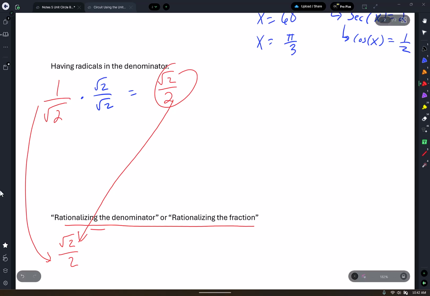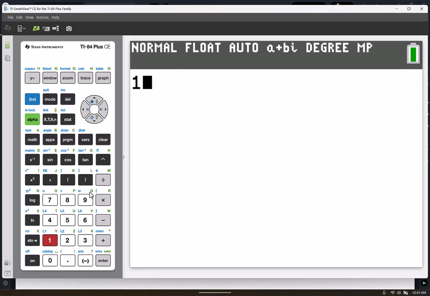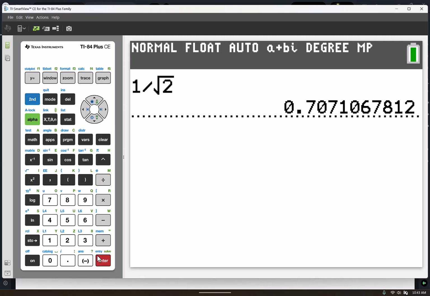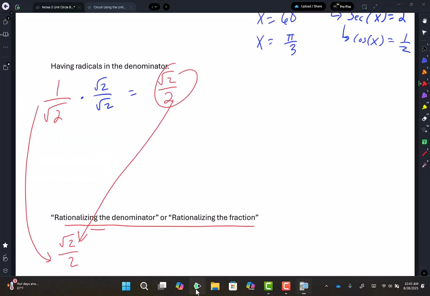They're the same value, guys. I want you to make sure. Look, they're the same value. 1 divided by square root of 2, I'm going to give it to you guys in decimal, 0.707. Check it out. Square root of 2 over 2, 0.707. So they're the same. Are we clear? All right. So what else is the same?